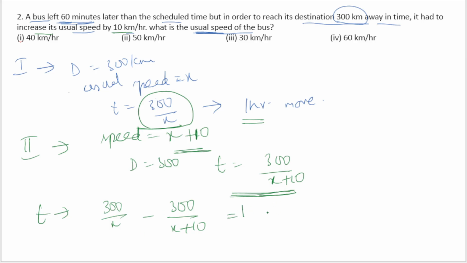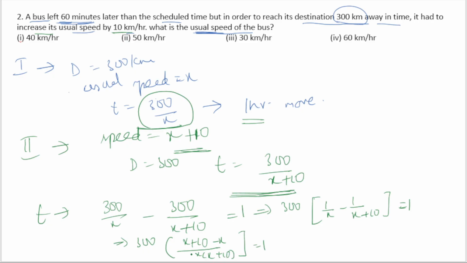If you simplify, you will get the x value here. If we take 300 common, we will get 1 by x minus 1 by x plus 10 is equal to 1. Here 300 into, taking LCM, x plus 10 minus x divided by x into x plus 10 is equal to 1.